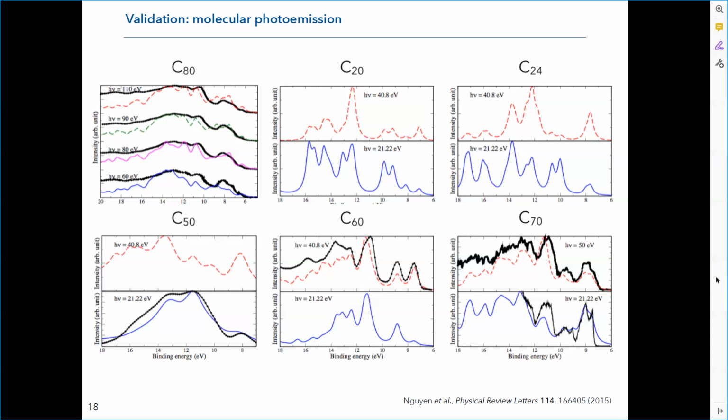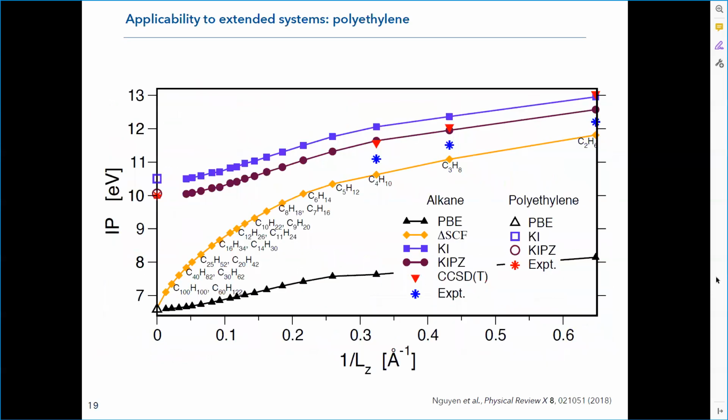So we're very encouraged by these results, but the question remains of how we can apply this to extended systems. The reason why it's not so trivial to apply Koopmans to extended systems is because we need to calculate that orbital relaxation parameter alpha, and we were doing that using finite difference.